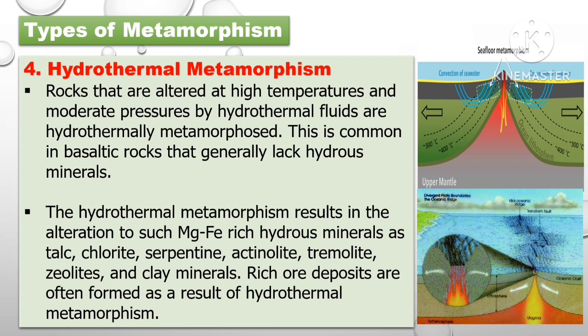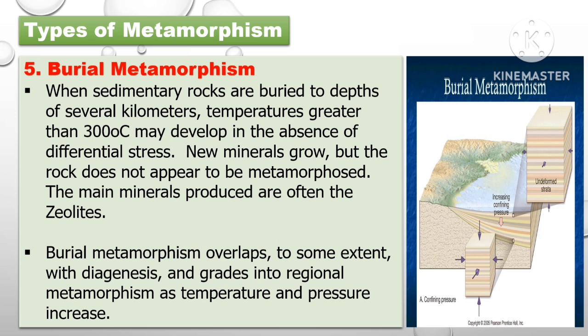The hydrothermal metamorphism results in the alteration of such magnesium and Fe-rich minerals as talc, chlorite, serpentine, actinolite, tremolite, zeolites, and clay minerals. Rich ore deposits are often formed as the result of hydrothermal metamorphism.